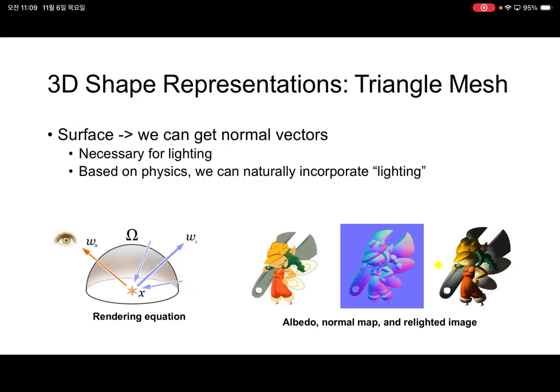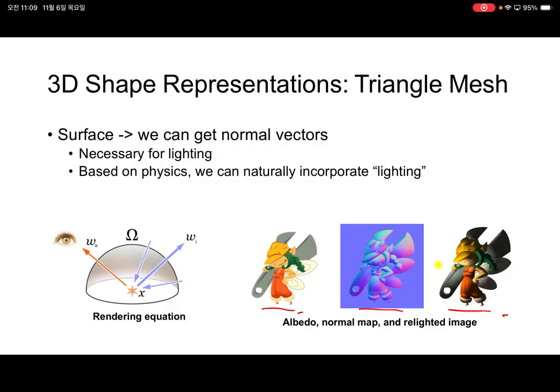And another good point of triangle mesh is that it has surface. Surface means we can get normals. This is albedo, normal map, and related image. We can get normal for all points on the triangle face. And normal is, as I think I introduced at the very early part of this course, for the lighting. Let me turn on some light, then my color changes, right? There's a shadow and color change.